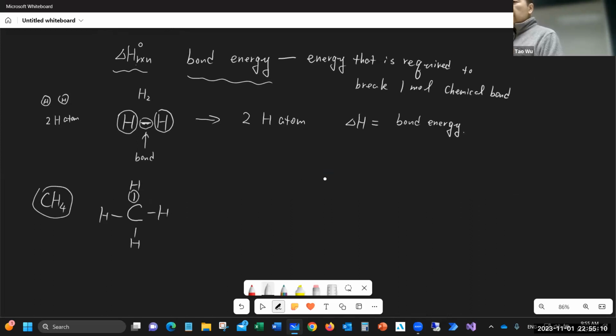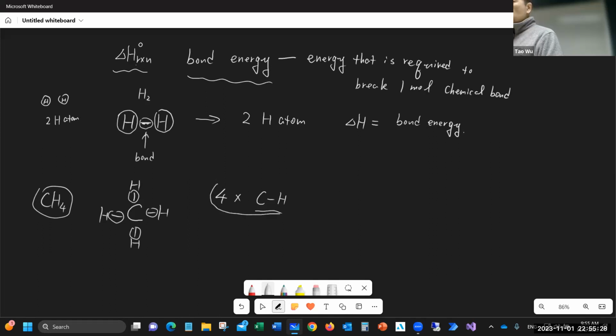If you look here, this has 4 bonds, and they are all carbon-hydrogen bonds. That makes sense, right?